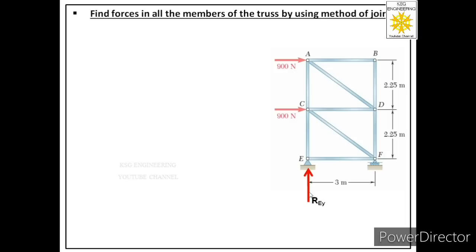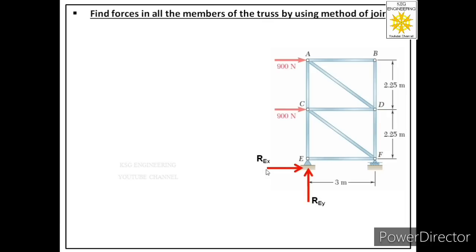So we have labeled normal reaction at pin joint and we have labeled its name as reaction at E in Y direction. And for this reaction we have assumed its direction in upward direction. This is just an assumption right now. Other reaction at this support will act along its surface.